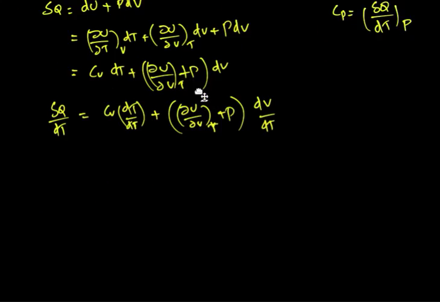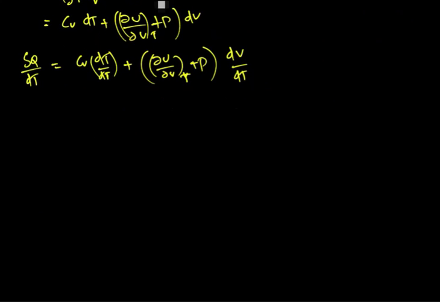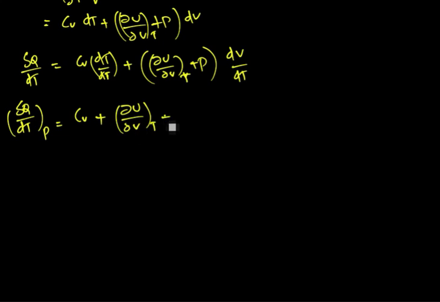Now make this expression in terms of constant pressure. In order to change into Cp, del Q by dT at constant pressure is equal to Cv into dT by dT, which at constant pressure is 1. So Cv plus dou U by dou V at constant temperature plus P into dV by dT at constant pressure.